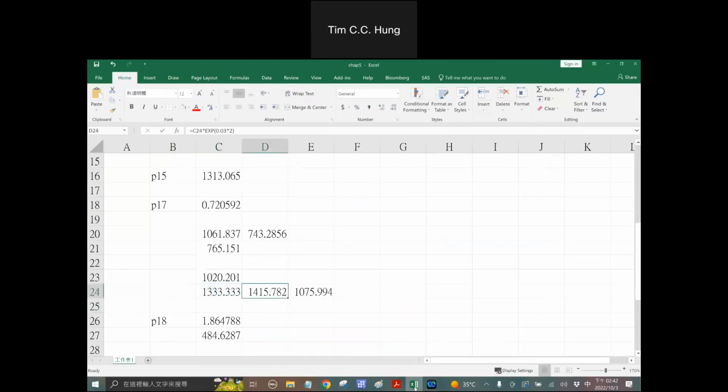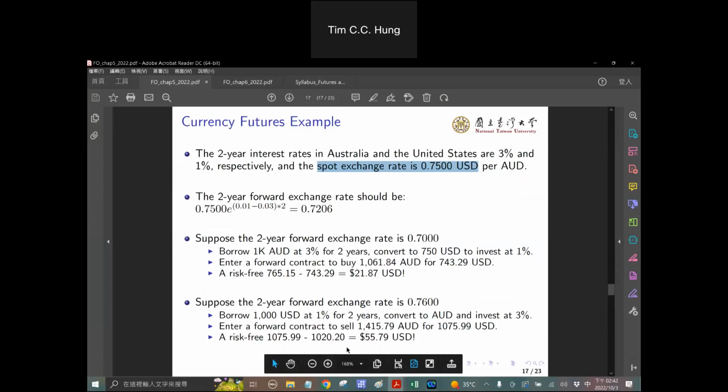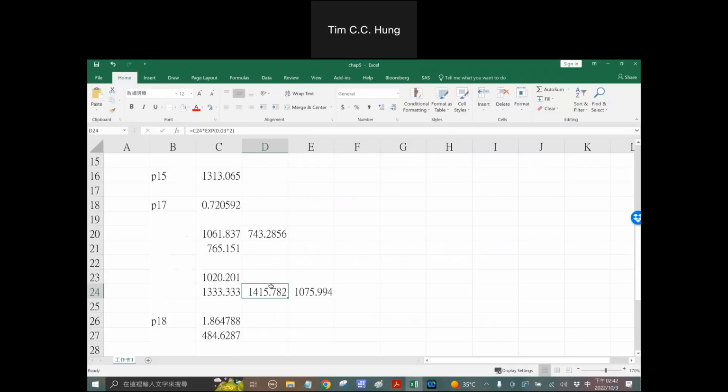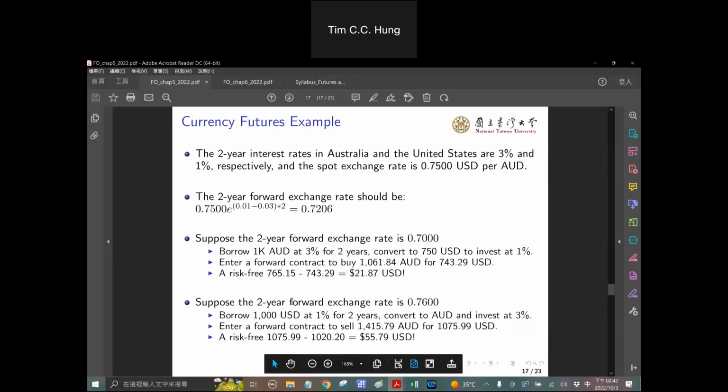Again, we began by borrowing US dollars. We owe people 1,020.20 US dollars. To repay this, we need to convert these Australian dollars back to US dollars. We can do so through our forward exchange rate of 0.76.